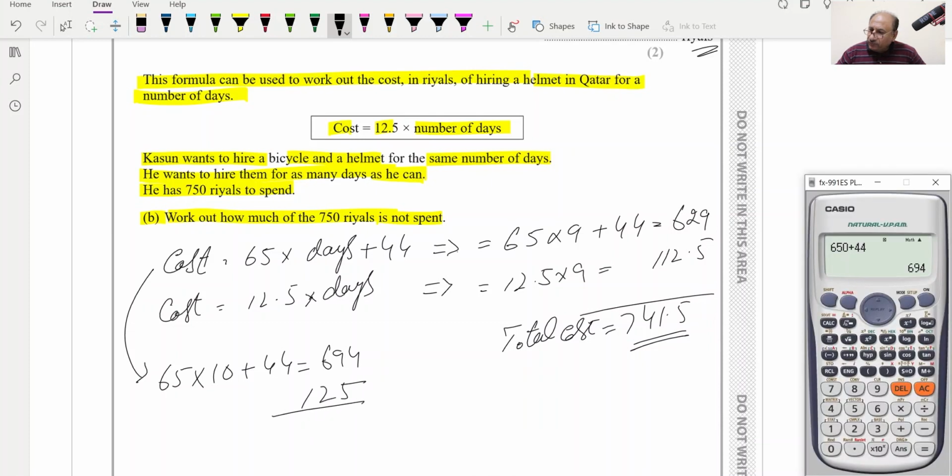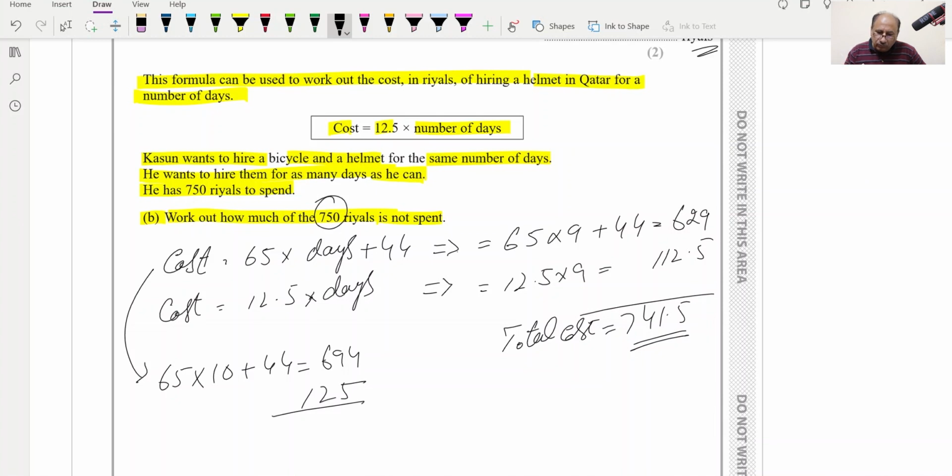So 694 plus 125 will be equal to 819, which is more than 750. So we will reject the idea of hiring for 10, and we will stick with hiring for 9 days.